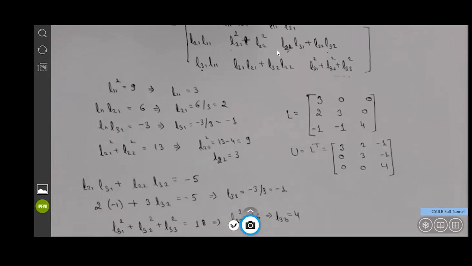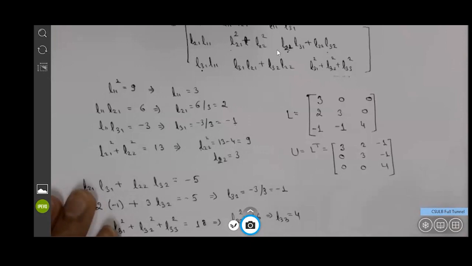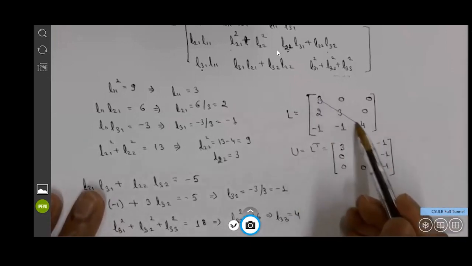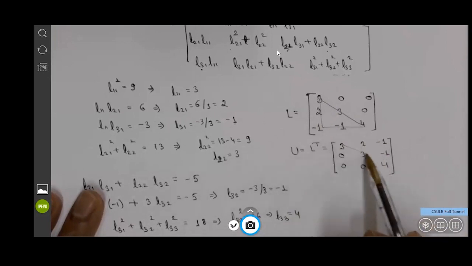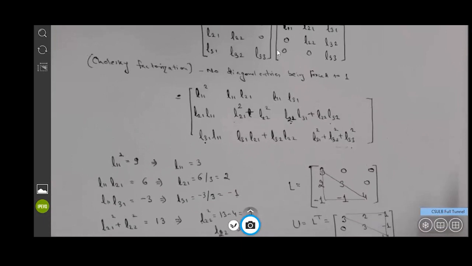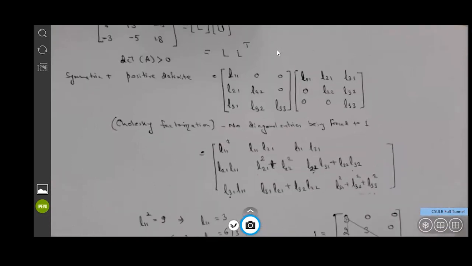Yeah, I confirmed I got the same matrix we started out with if you do L times L transpose. Yeah, that's what we actually needed. So we got a lower triangular matrix and an upper triangular matrix, and basically it means that you have fewer equations for your unknown coefficients.